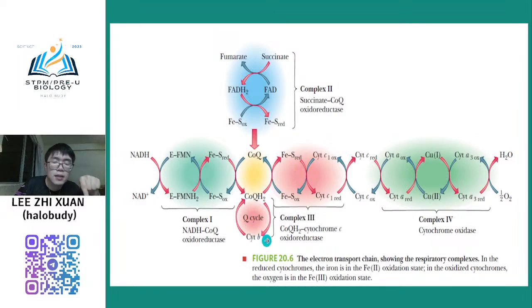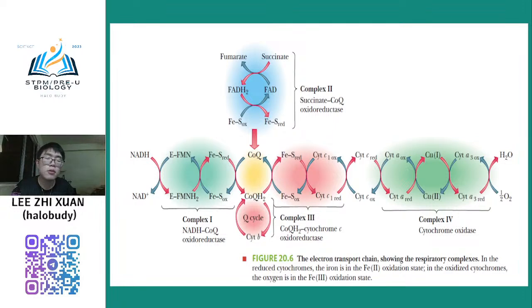After that, cytochrome B will release the electron again, go toward the coenzyme Q again to form this again. Because from the NAD plus, dia datang 1 elektron, release pun 1 elektron.